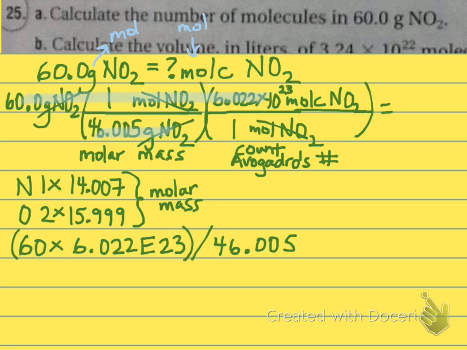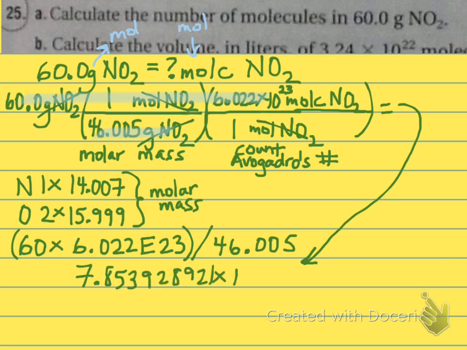And again, here's what my calculator gives me. Okay, so it gives me a big long number, 7.853928921 times 10 to the 23rd molecules of NO2.